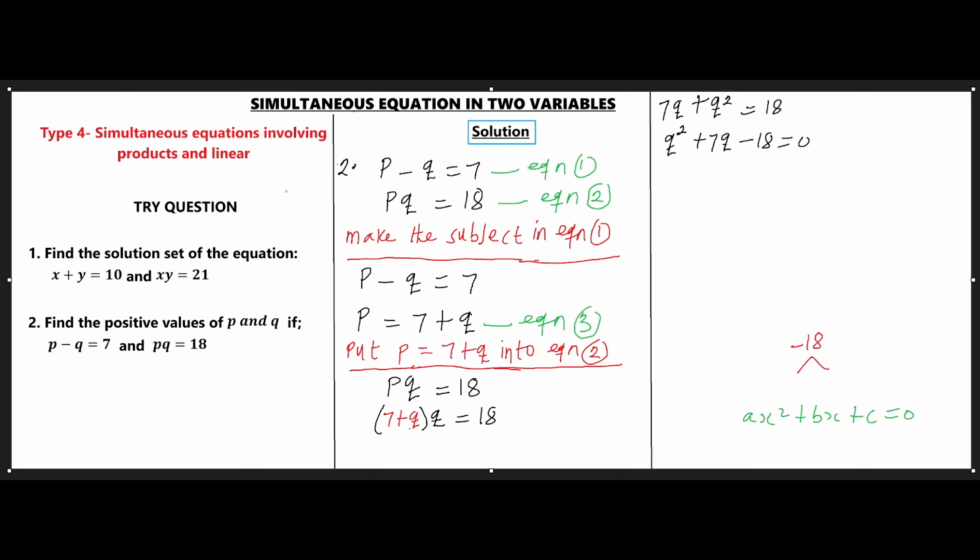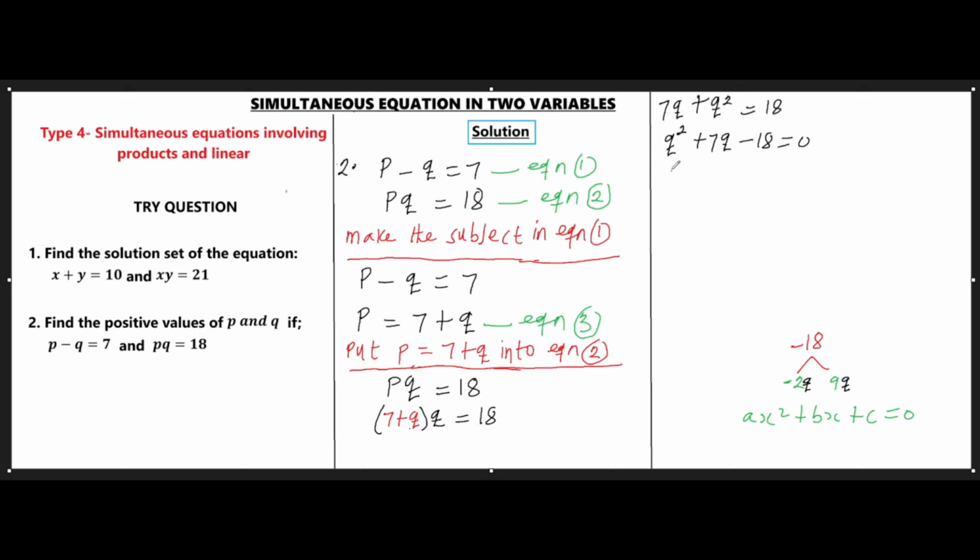We are looking for factors of minus 18 whose sum should give us 7. So what are these factors? We have minus 2, positive 9. In place of 7q, we are going to substitute minus 2q and then positive 9q.